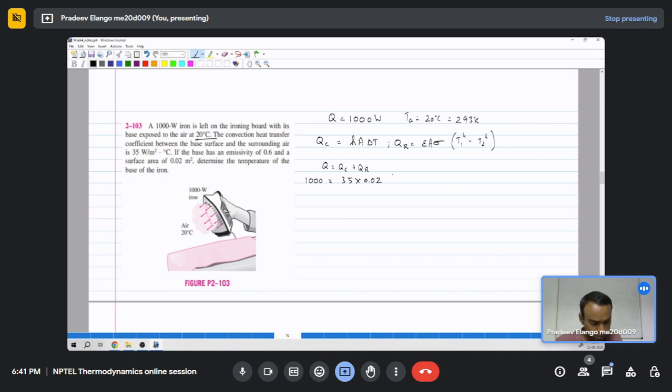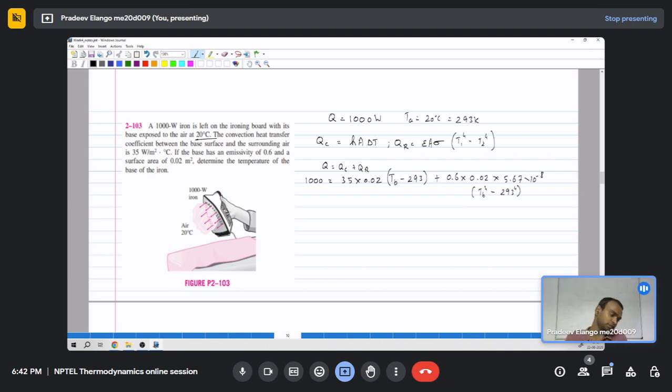Now we can have this delta T as temperature of the base minus 293 Kelvin, plus epsilon, emissivity is 0.6, into again area is 0.02, into Stefan-Boltzmann constant is 5.67 into 10 power minus 8, into (TB power 4 minus T2, which is 293 Kelvin, power 4).